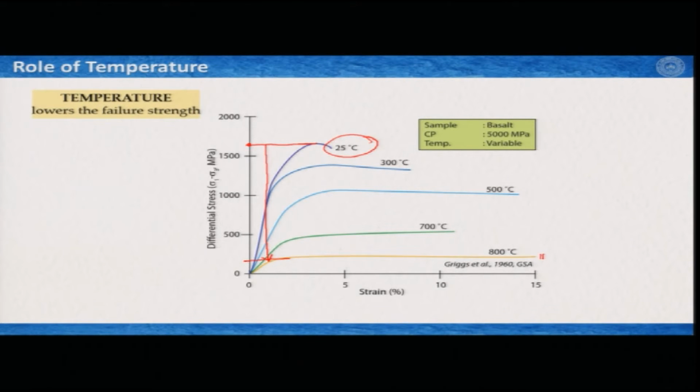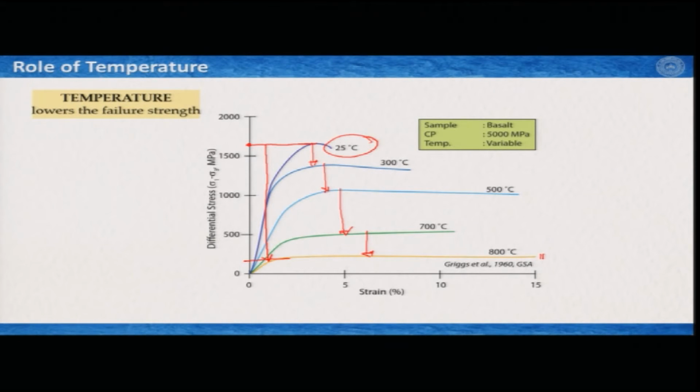You can see it, and in between we see that temperature gradually decreases the strength. So, 25 to 300, 300 to 500, 500 to 700, 700 to 800, the strength or the flow stress of this basalt slowly decreased with the temperature.